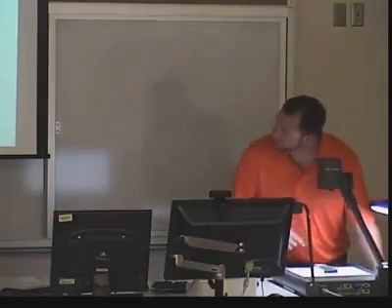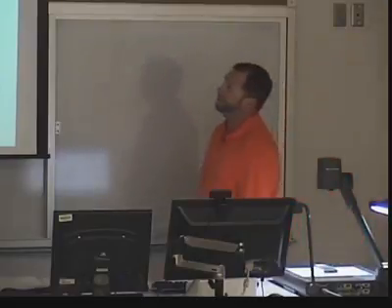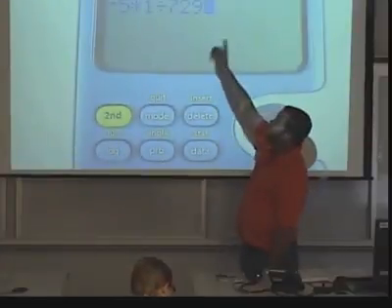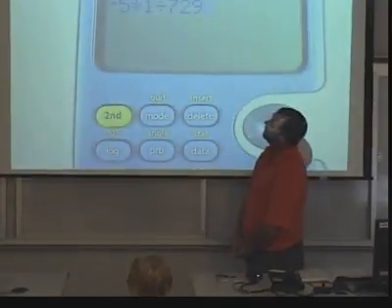Okay, so -5 times. Now here, you have to make sure that you put your fraction in parentheses. Because what if I do this right here? 5 times 1 divided by 729. What's going to happen there? It's going to do -5 times 1, which in this case won't make much of a difference, all right?